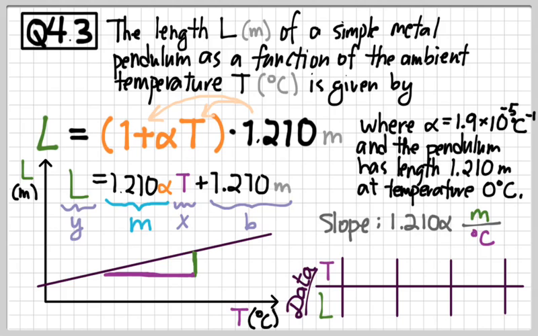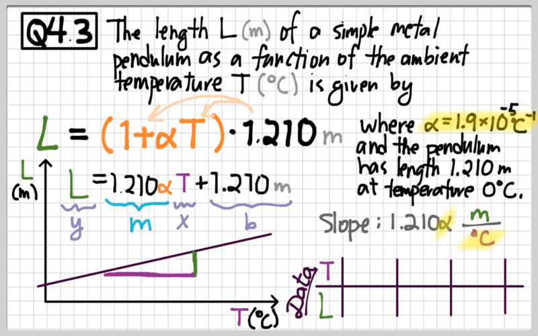Well, yeah, so the units of this alpha that you were given here in the problem, the coefficient of linear expansion, is given with units of reciprocal degrees Celsius, right? Celsius to the minus 1. But meanwhile, the slope is not just alpha. That Celsius to the minus 1 is in the units of our slope because alpha is a factor in the slope. Where do these meters come from?